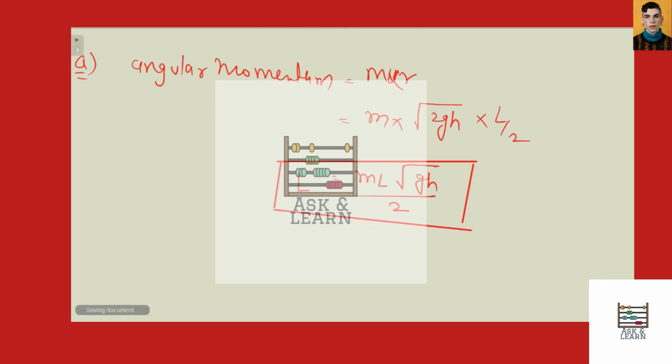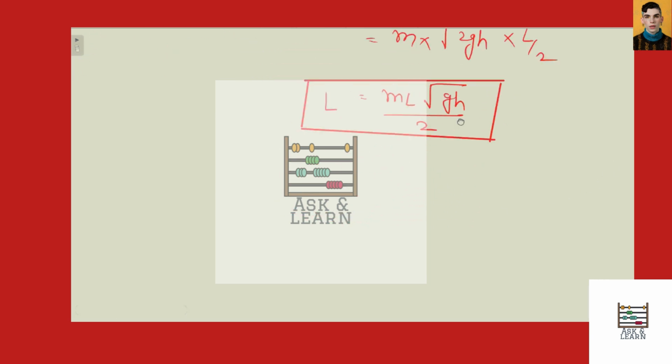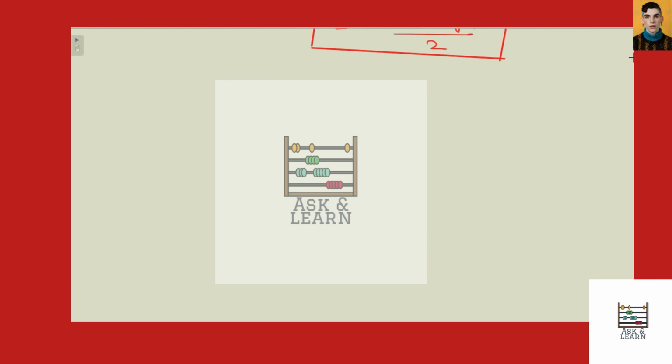Now we have to find the angular velocity. The angular momentum of the system about the center of mass of the rod just after the collision is L equals I omega, and here I is the total mass moment of inertia, which is 2m l square upon 4 plus ml square upon 4. This is 3 by 4 ml square.